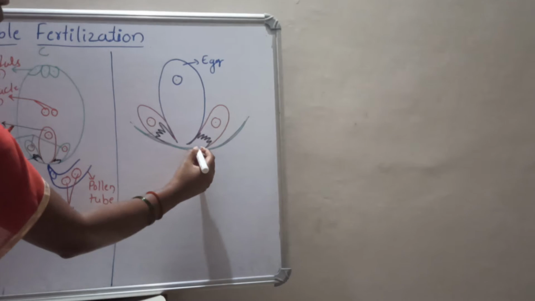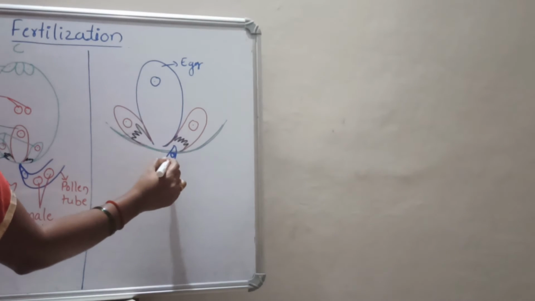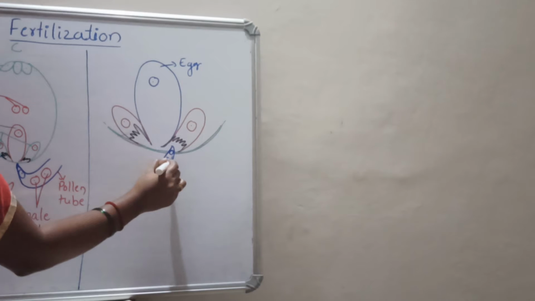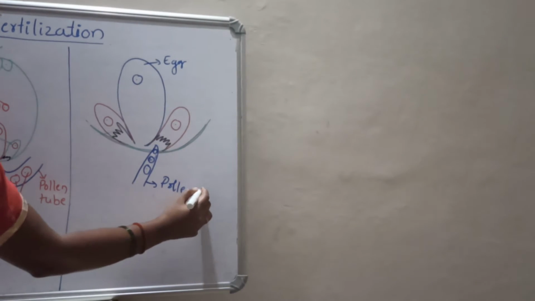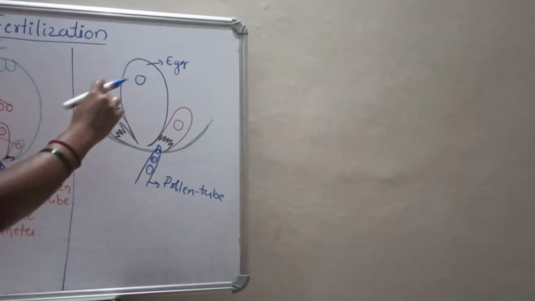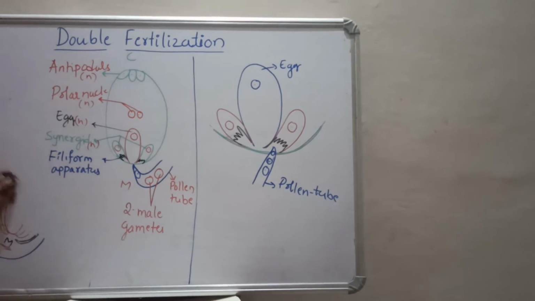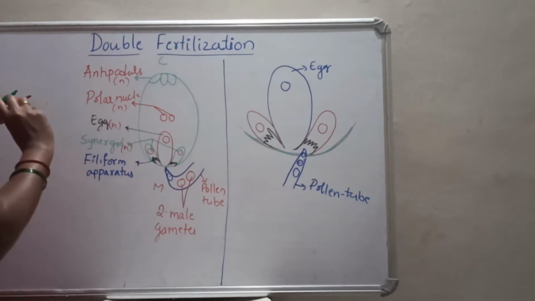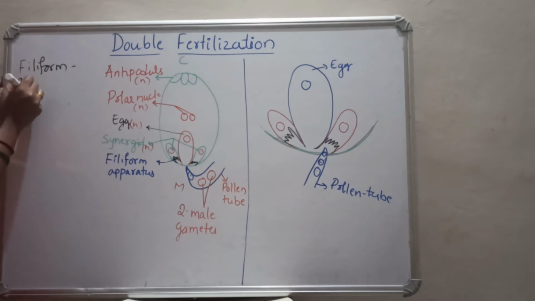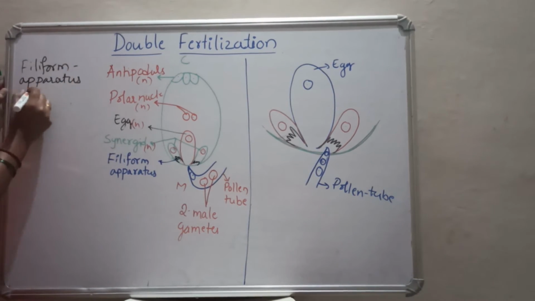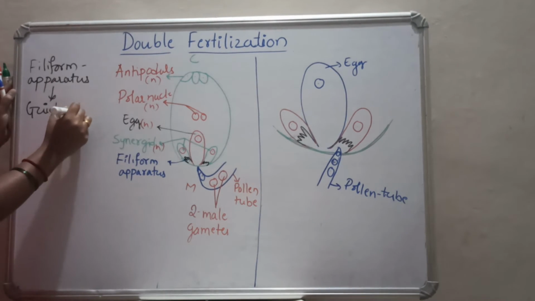Then the pollen tube enters into one of the synergid cells. Why does this pollen tube enter into one of the synergid cells? Because the synergid cell has the filiform apparatus, and that filiform apparatus helps to guide the pollen tube.